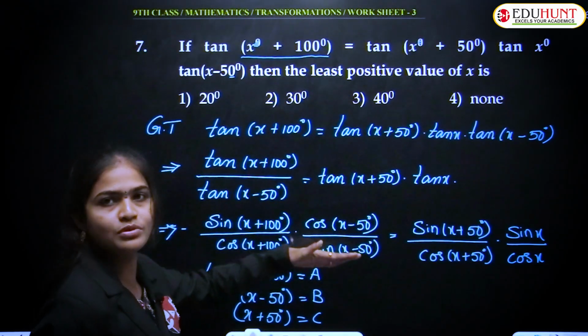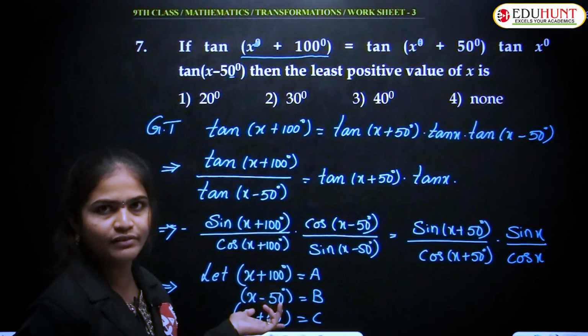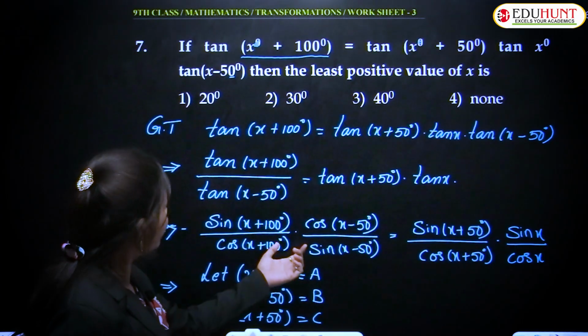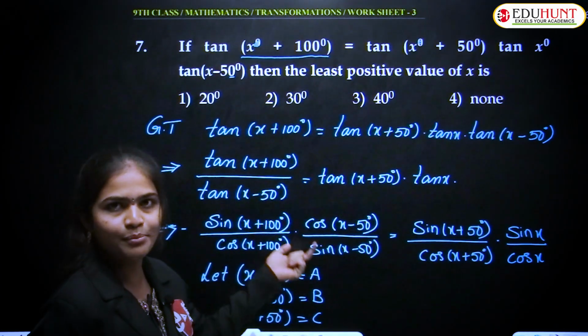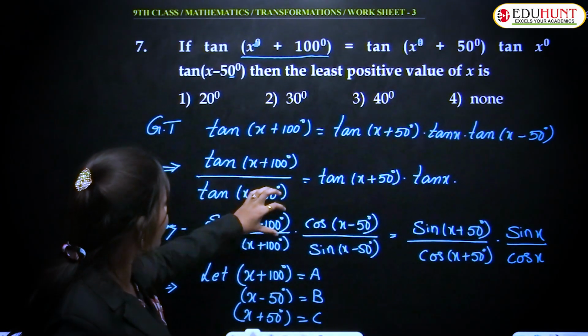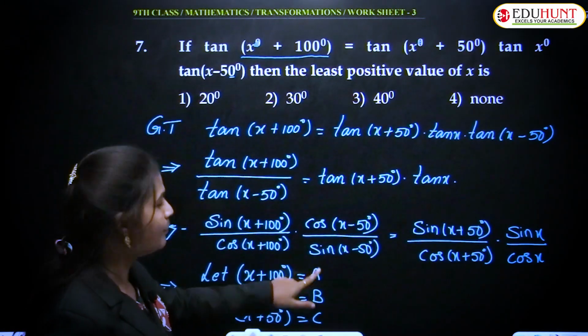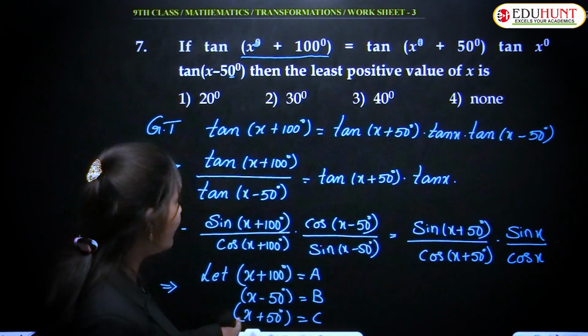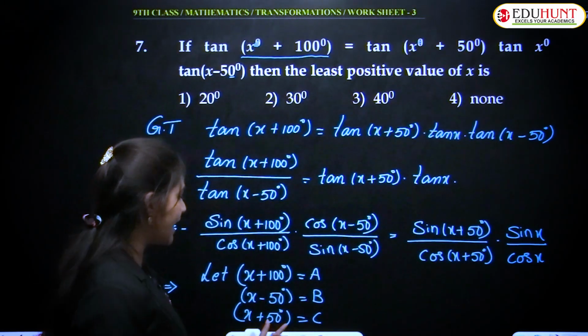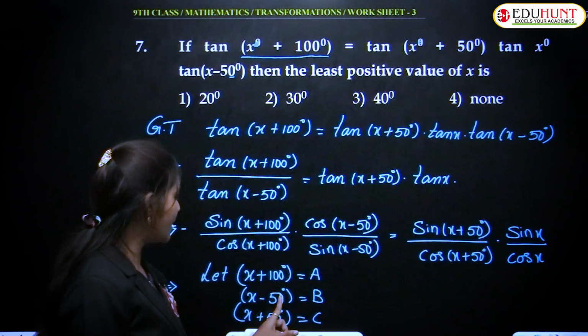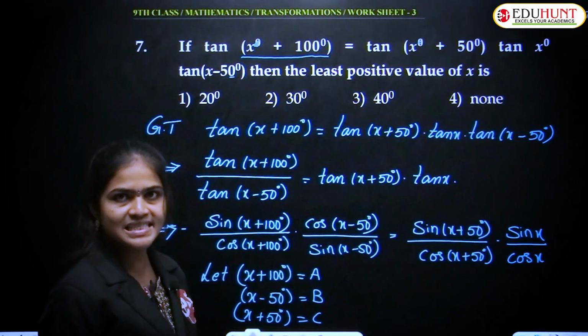Because here we have to use the componendo and dividendo rules, no? So to make this easy, every time no need to write. So instead of x plus 100 I take A, x minus 50 as B, x plus 50 as C.